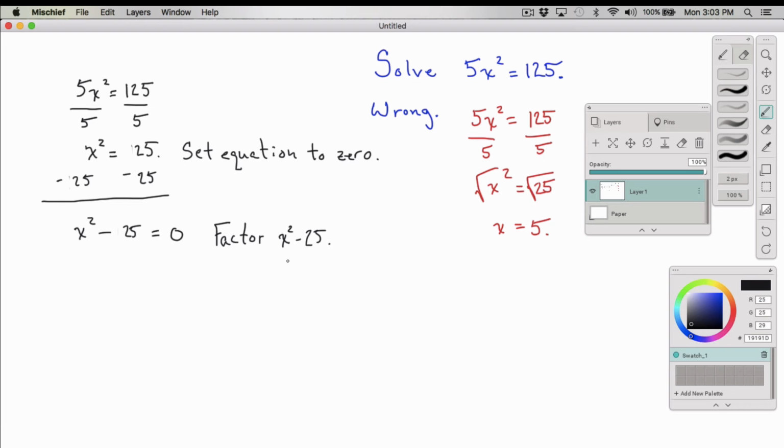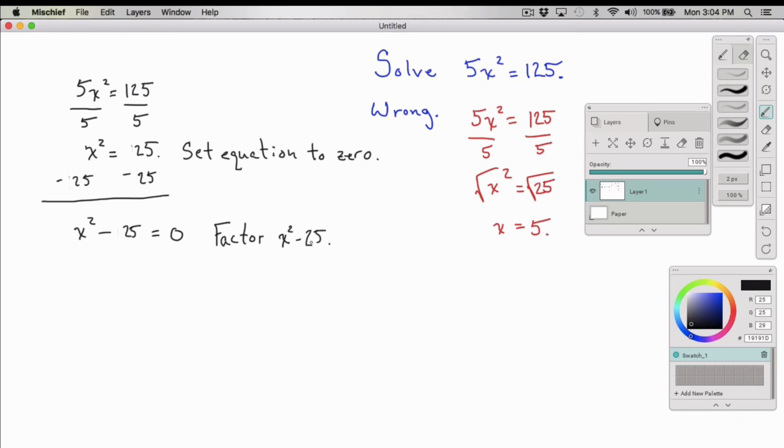Okay, we've studied breaking this out based on the values of a, b, and c, and we've also spent time noticing that x squared minus 25 fits a pattern, and in this case the pattern is called a difference of squares.